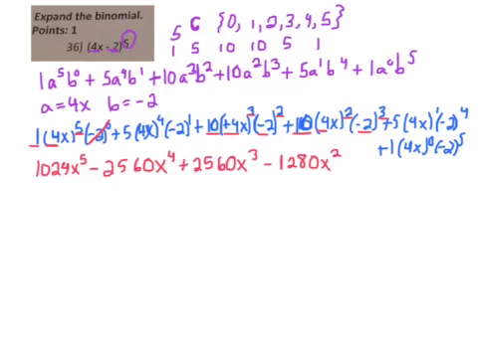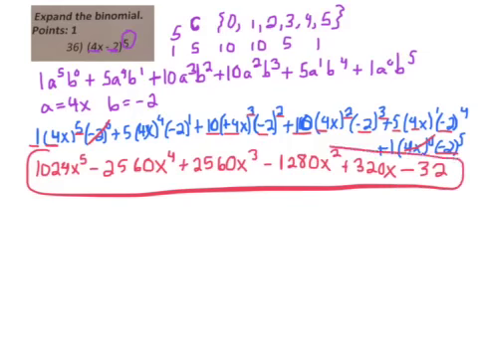And then 4 to the first power times negative 2 to the fourth power times 5, which is 320x. And then this goes away, so we just need to do negative 2 to the fifth power times 1, which is negative 32. This right here is our binomial expansion.